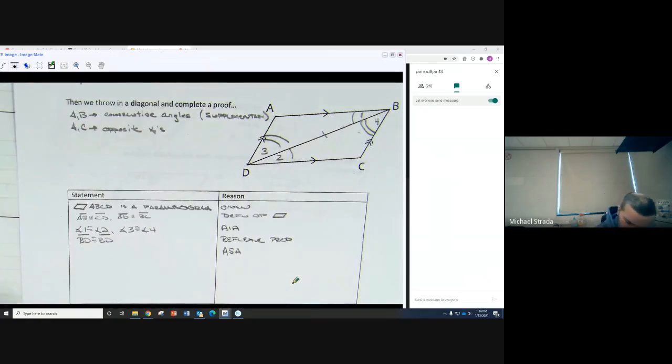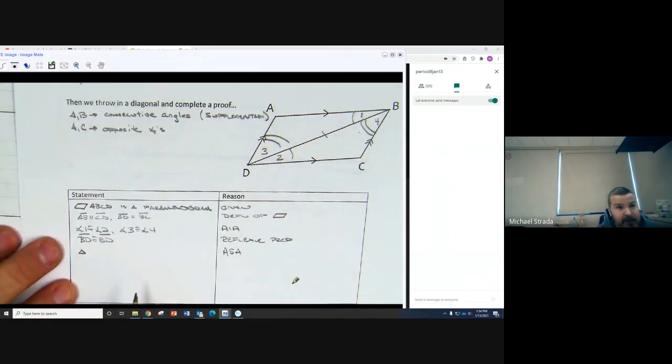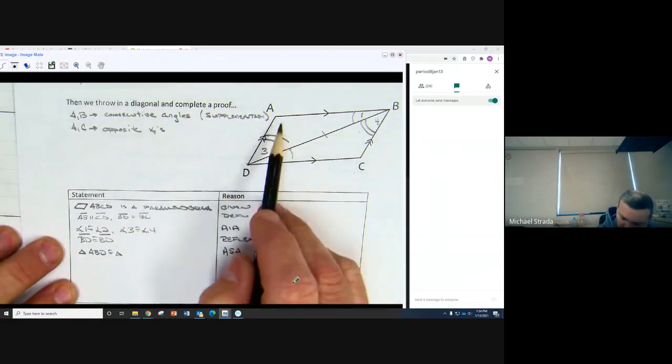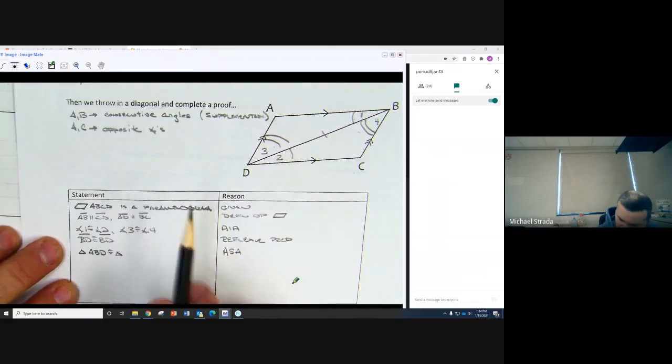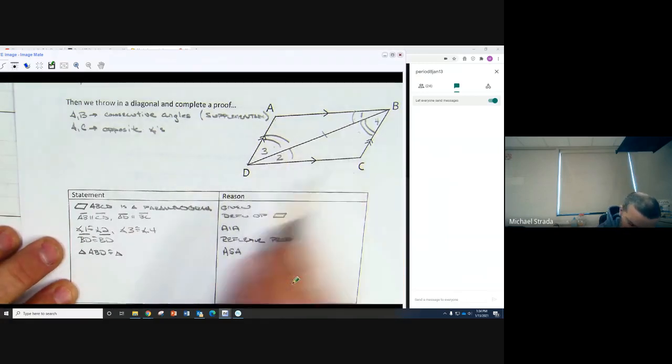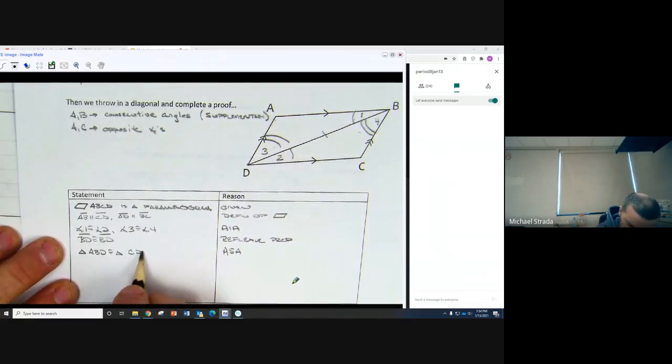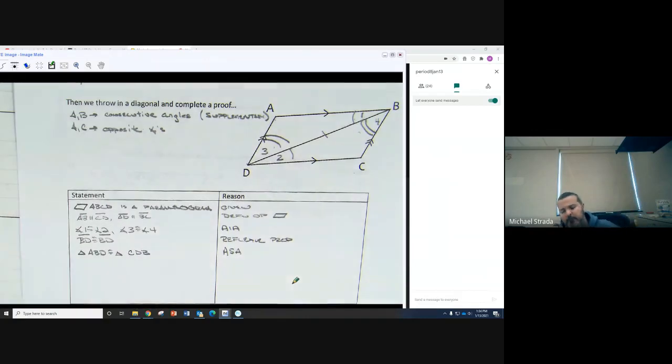I just have to make sure I name them in the right way to take advantage of my properties. Triangle ABD: nothing, 1, 2. Following the same order down below, nothing, 1, 2 gives me CDB. The triangle ABD is congruent to triangle CDB.